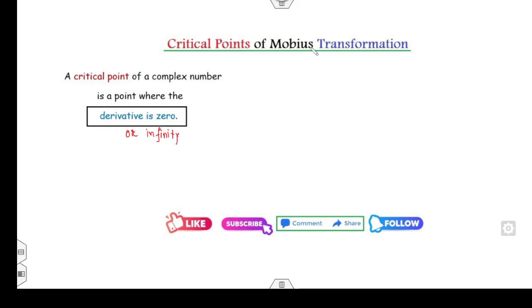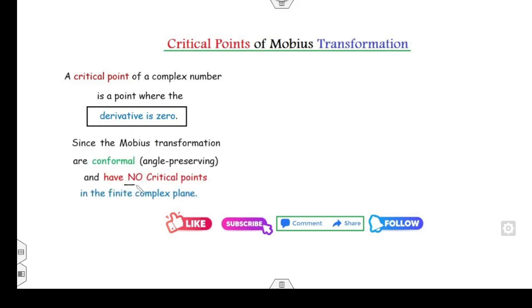But we all know the Mobius transformation is a conformal mapping. All the Mobius transformations follow the conformal property. And what is the conformal property? The derivative is non-zero. So once the derivative is non-zero, you can say there is no critical point in the finite complex plane. What is the meaning of the finite complex plane?